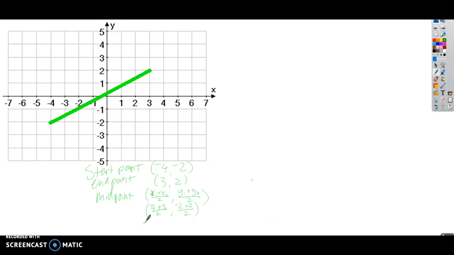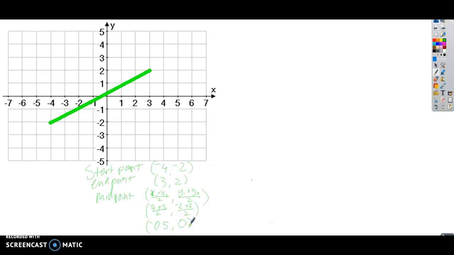Now I'm going to shortcut and do all of that in one step. Negative 4 plus 3 becomes negative 1, negative 1 over 2, so I've got negative 0.5, negative 2 plus 2, well, that's obviously 0 over 2, so I've got 0.